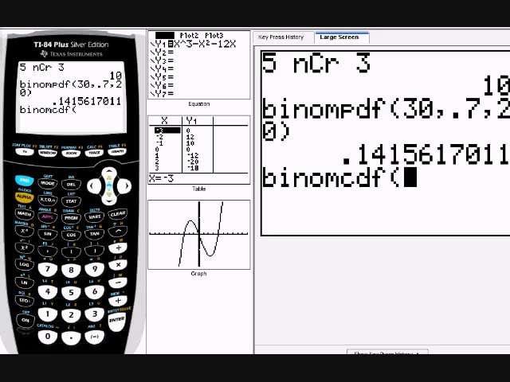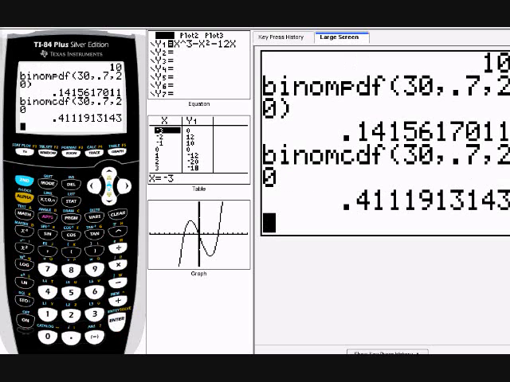Okay, so with the CDF, I'll do the 30, the 0.7, and the up to and equal to 20, and get 41.1%. If it's less than or equal to, you use binomial CDF.